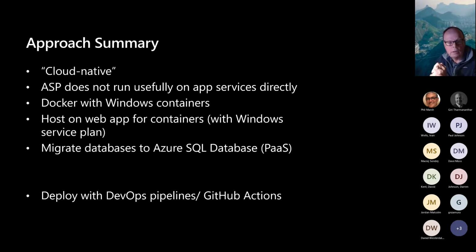The most popular one is AKS, Azure Kubernetes Service, excuse me. But the feeling with the customer, and in the sense the customer is right, it is right for them, is that Kubernetes needs a lot more tending to than App Services, and so that's why for this one we chose to do it on App Services.